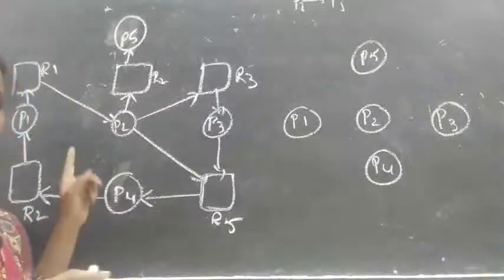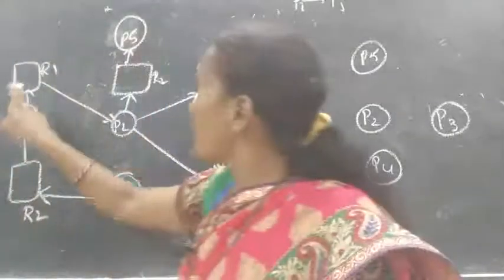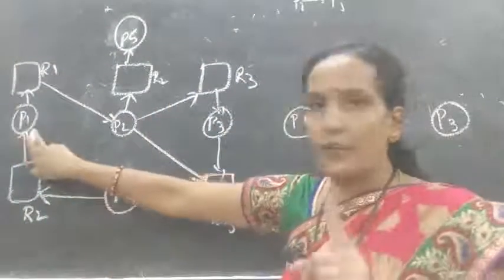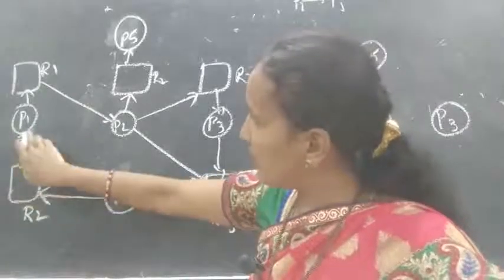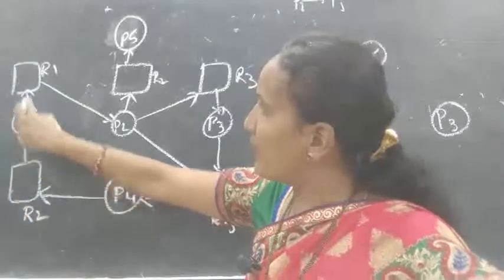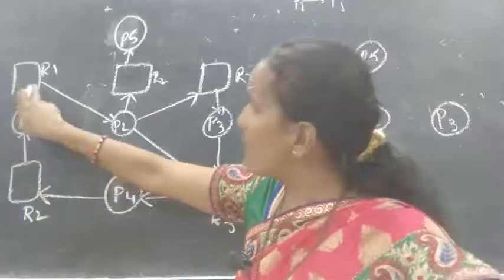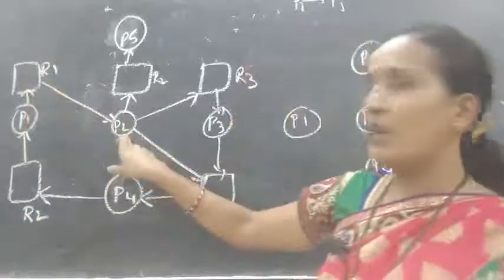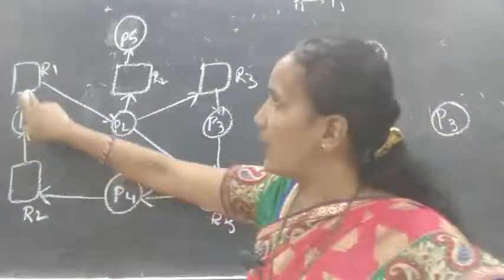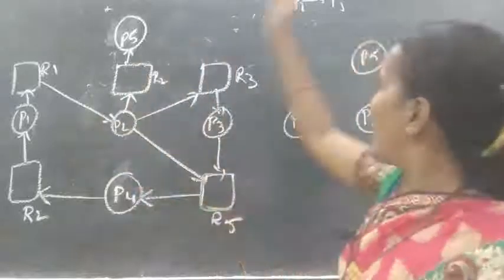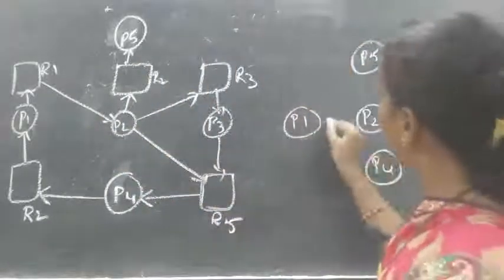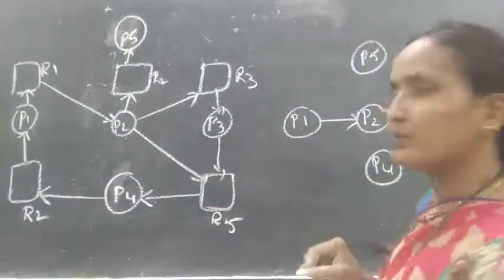Okay, so here you can see P1, the first process. P1 is already holding R2 and it is requesting for R1, but this R1 is already with P2. So P1 is requesting for R1, that R1 is with P2. So directly you can give an edge like this, P1 to P2. Understood?